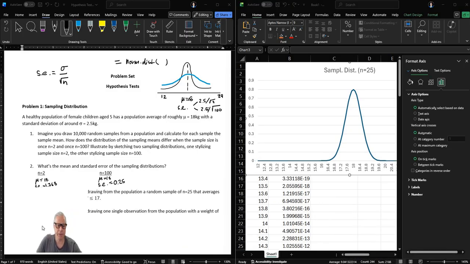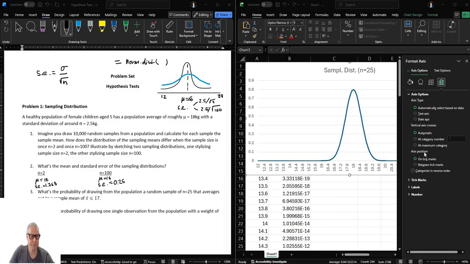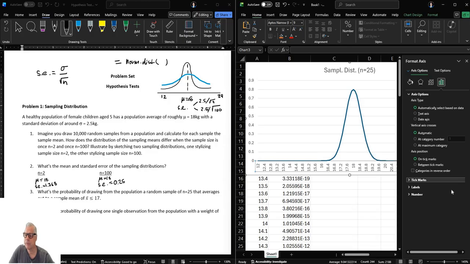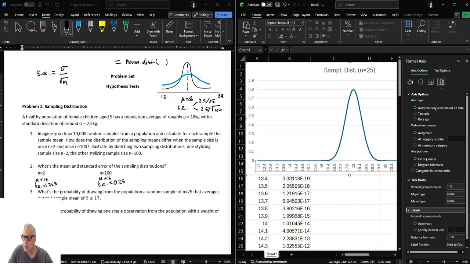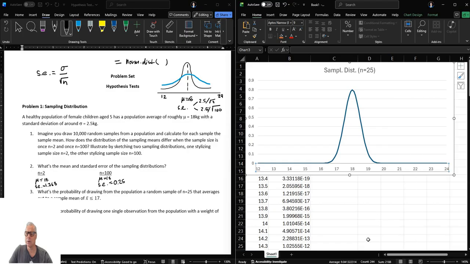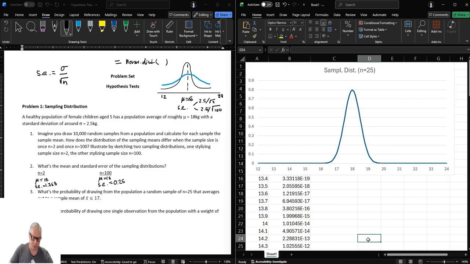Let's put everything with tick marks. Format axis on tick marks, maybe 10. Labels, specify interval unit 10. Okay, so now in this sampling distribution, maybe we can add the grid lines.